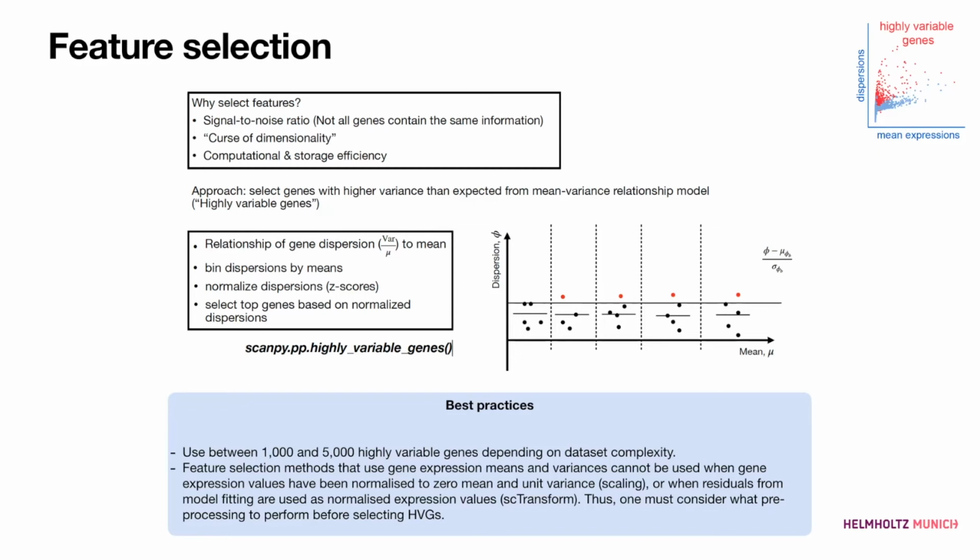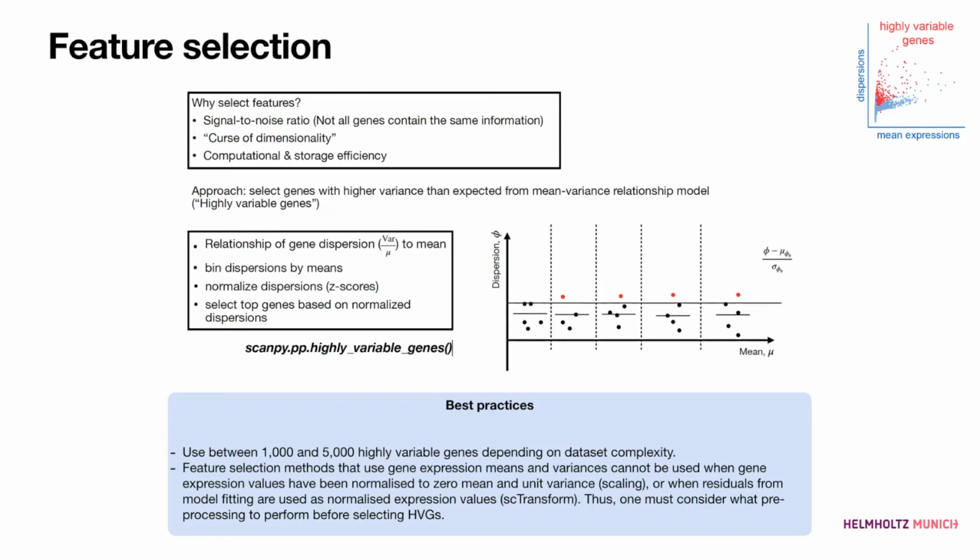You can see this in the upper right corner here, where we're plotting the dispersion against the mean expression of each gene. Every dot here is a gene, and in red are the highly variable genes. You can see these ones have a higher dispersion than expected from the mean expression, so they're not on any diagonal in this plot.